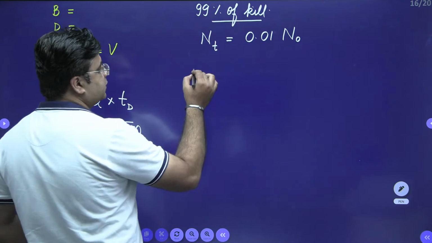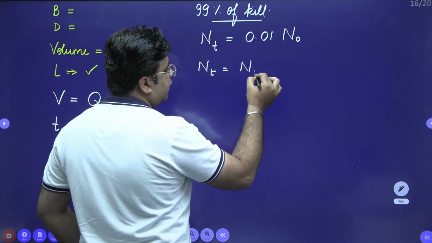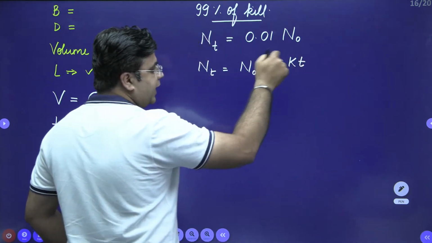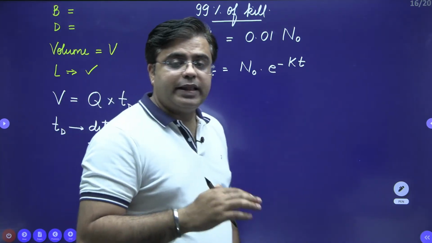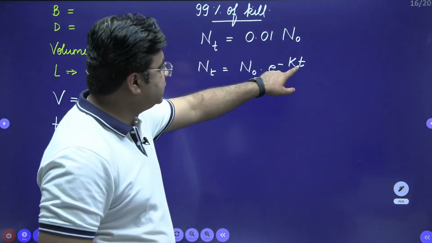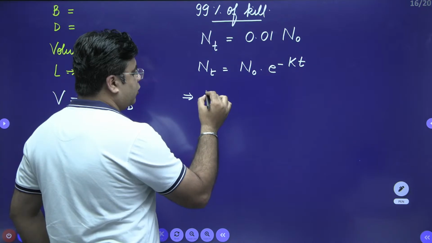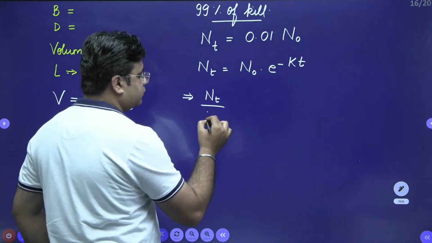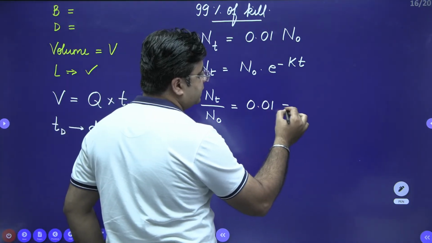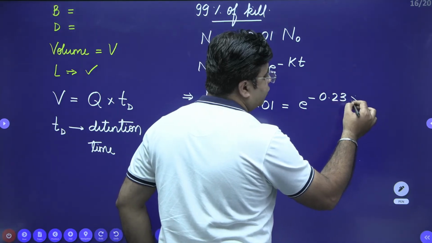Now use Chick's law. Nt is equal to N naught into e raised to the power minus kt. And this time t is the time in which 99% kill of the microorganisms is happening. We will calculate it from this. So the ratio Nt by N naught is equal to 0.01, and this is equal to e raised to the power minus 0.23 into t.